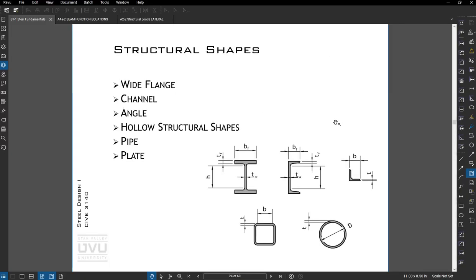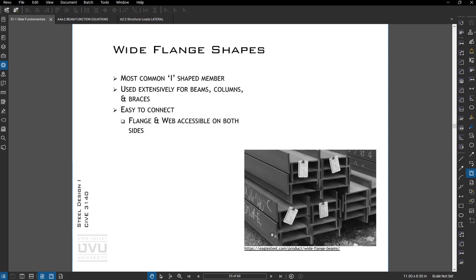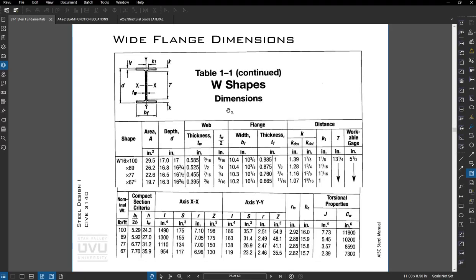On the shape side, steel comes in a variety of types: wide flange, channel, angle, pipe, tube. Wide flanges are the most common I-shaped member. We use them for beams, columns, braces. And rather than talk much about this, I'll let you just read most of these.